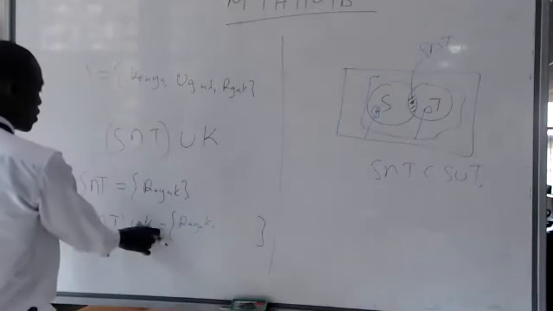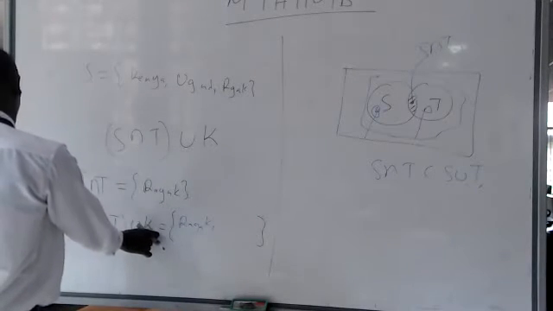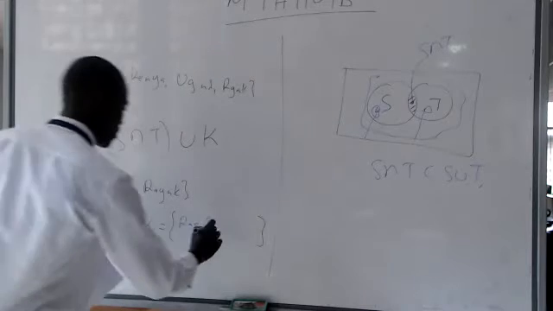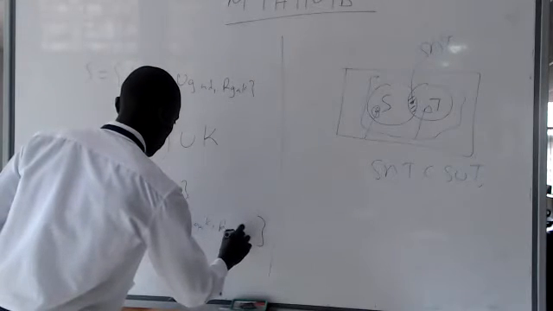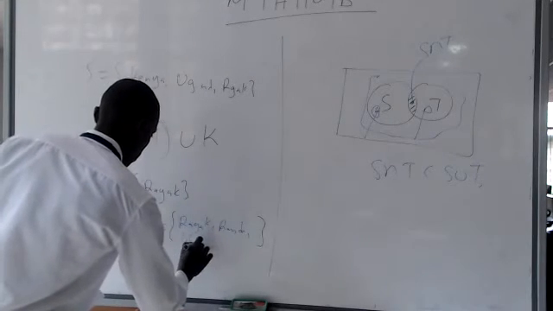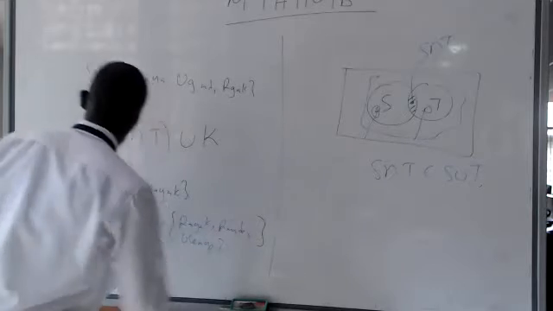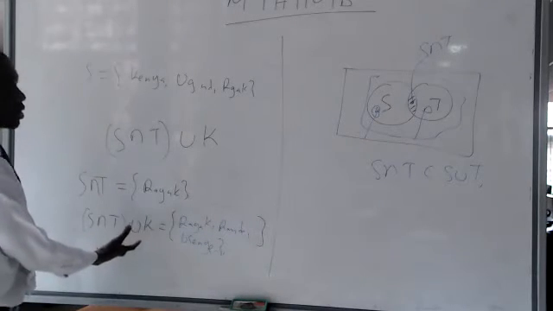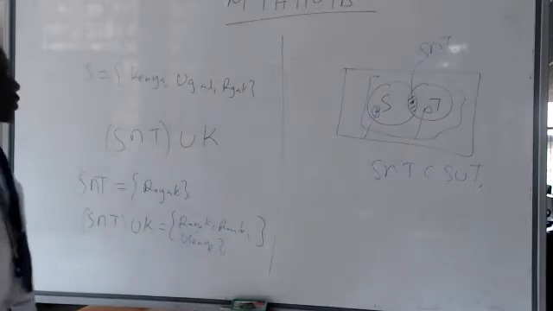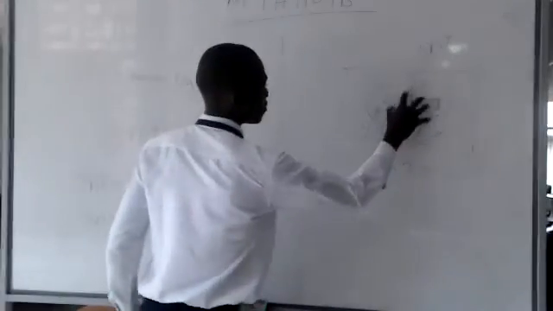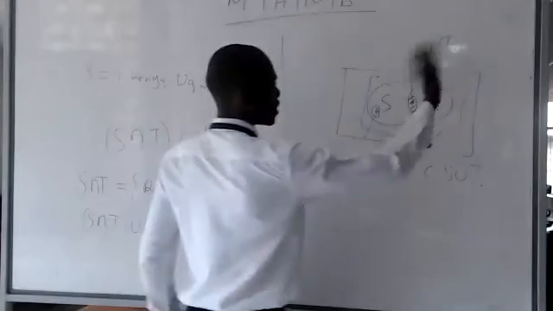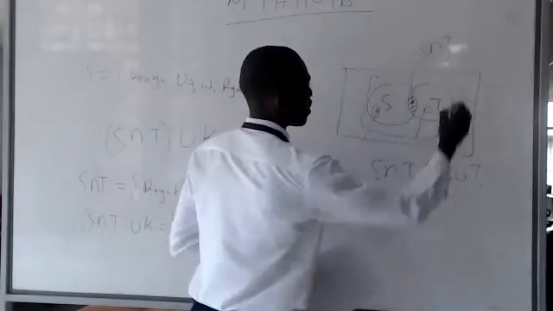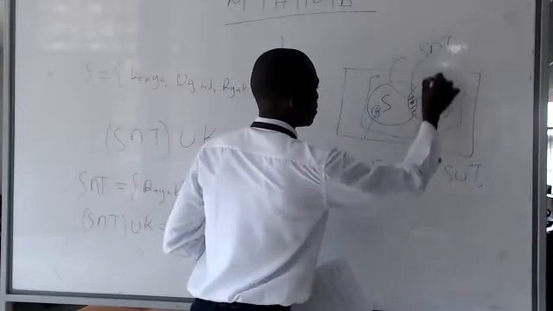Then now we need to bring everybody who is in K. And for K, we have Rwanda. That is your S intersection T, union K. Everybody will belong. So we have another K.